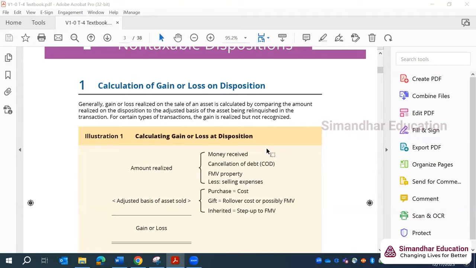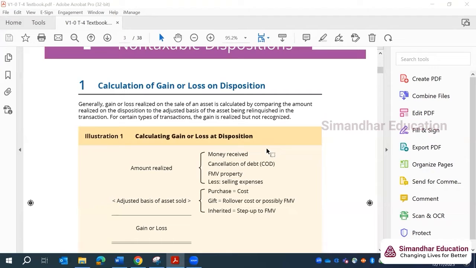All right. So amount realized means the money that you are going to get from a sale or an exchange of a property. So money received, that means the cash that you're getting. Cancellation of debt.